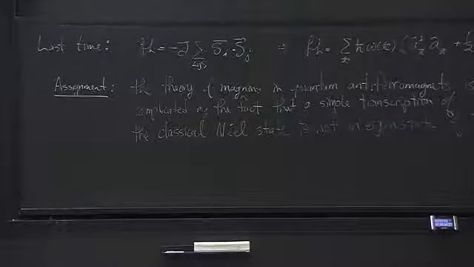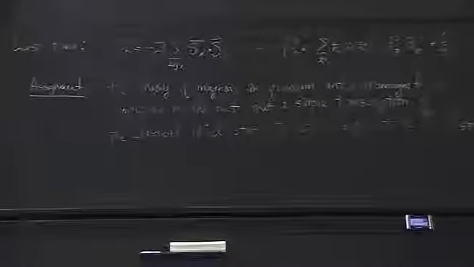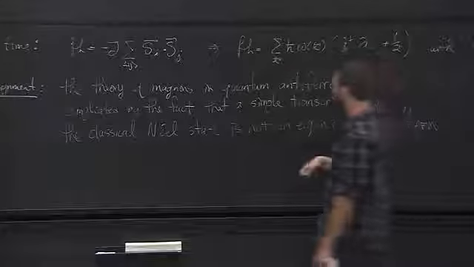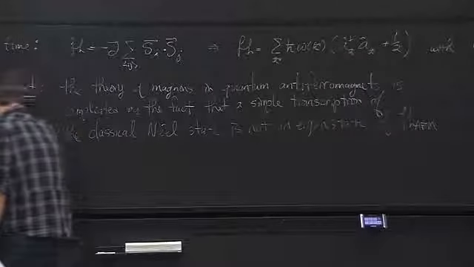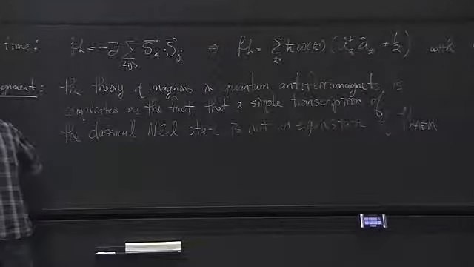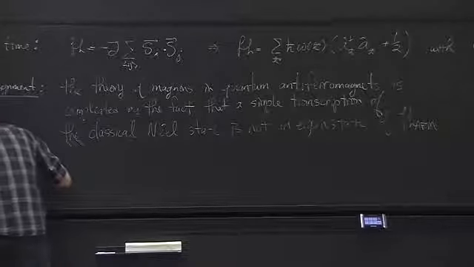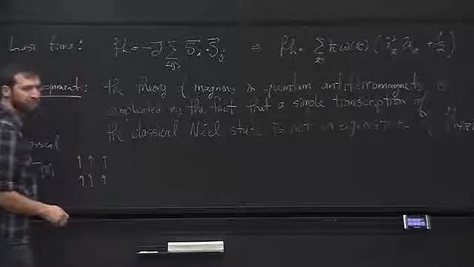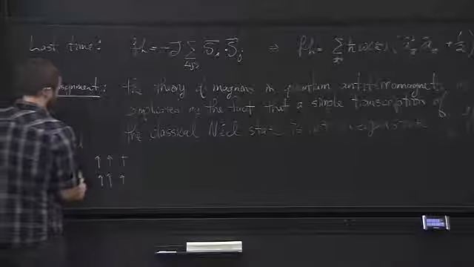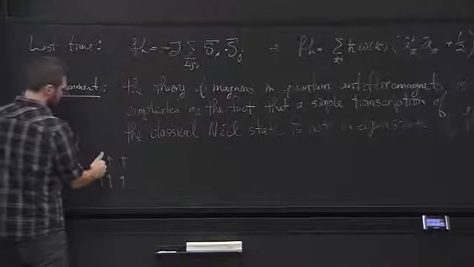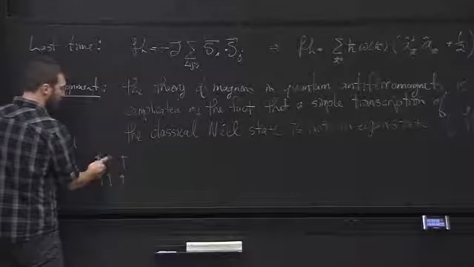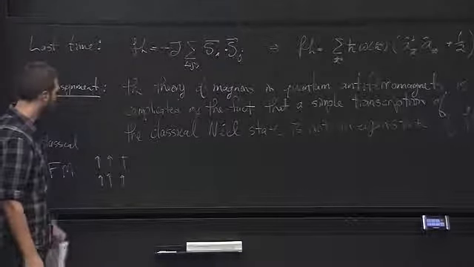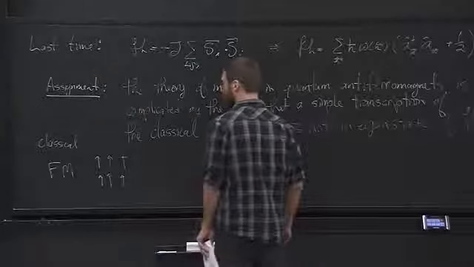So a simple transcription of the classical Néel state, and the Néel state is the staggered state, right? A classical ferromagnet is, of course, all spins pointing in the same direction. There's some symmetry broken, and our magnons are deviations of those spins from all pointing in the same direction.